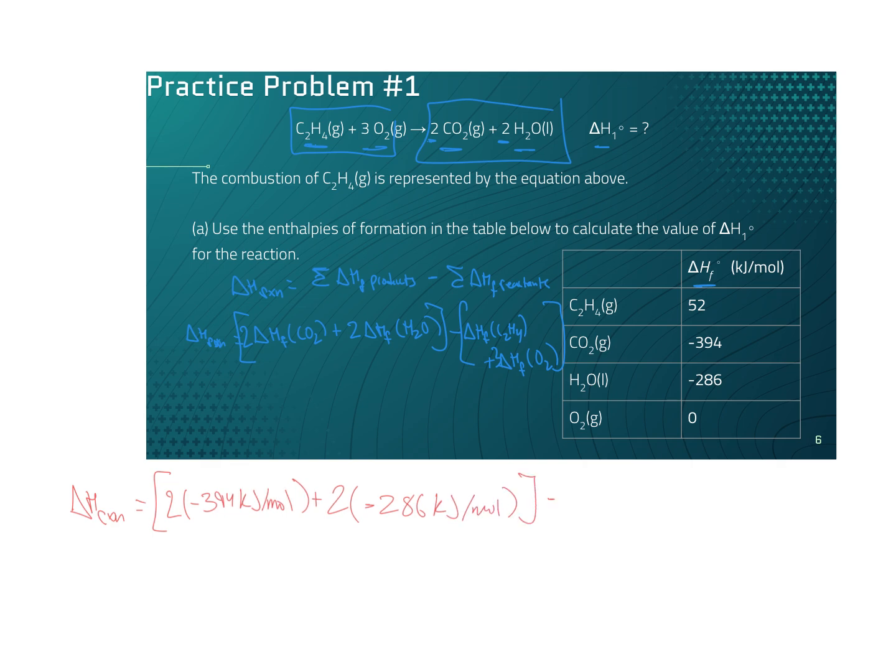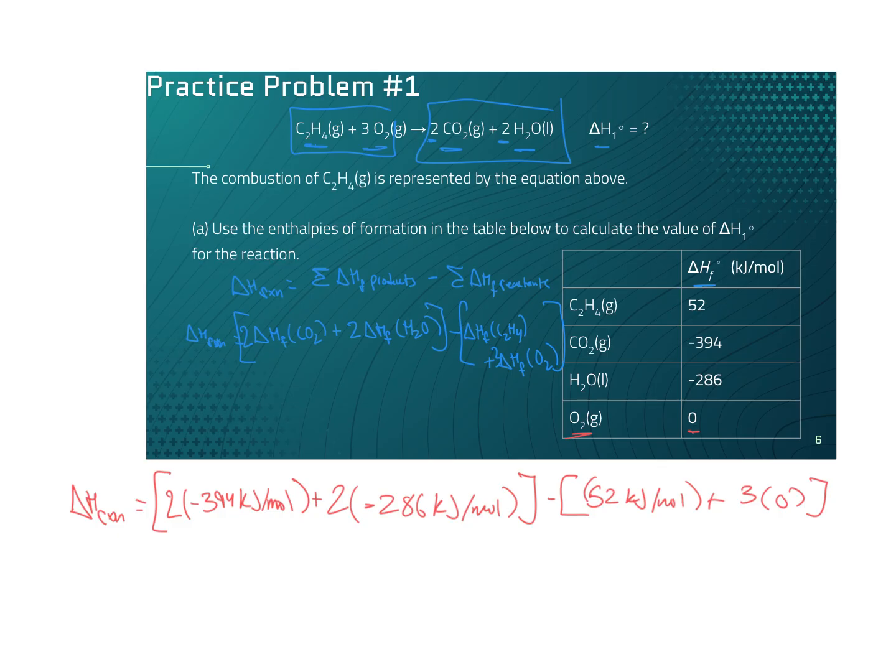All of that is going to be subtracted by the reactants. For C2H4, we have 52 kilojoules per mole, and that is plus 3 times 0. And generally, the delta H of formation of elements is always going to be 0.